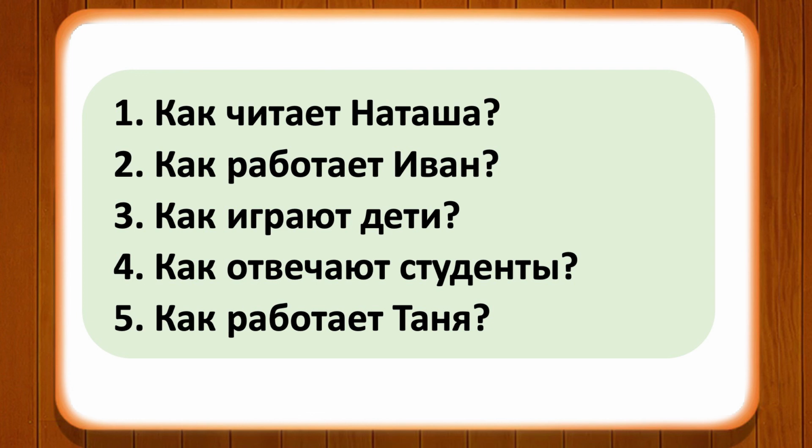Наташа читает быстро. Or you can say Наташа читает медленно. Or you can replace the name Наташа with она, because Natasha is she. So она читает быстро, она читает медленно, or она читает правильно.